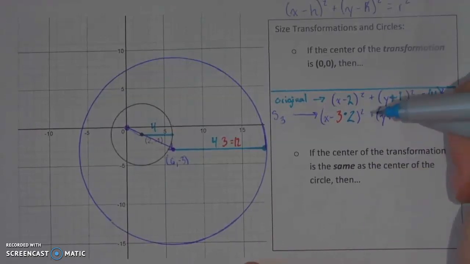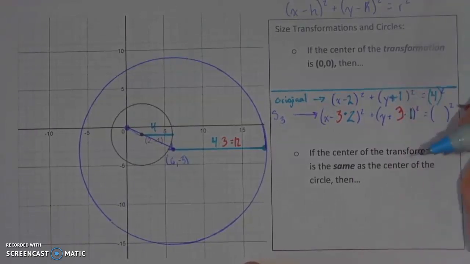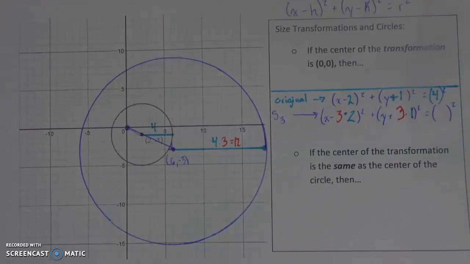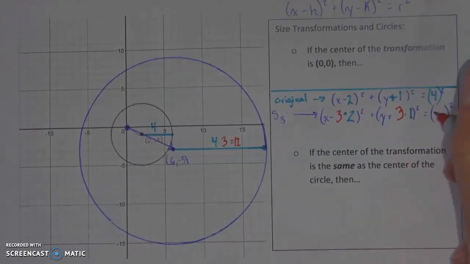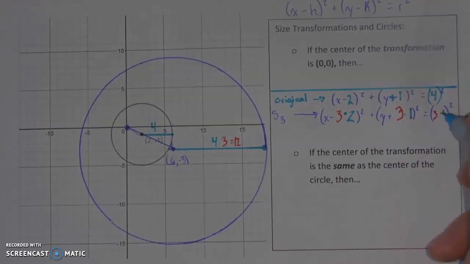And here, again, I did my size change times my original, which was -1. I just moved the negative out front. And here I had my original of 4, and I just multiplied it by my size change of 3 to get that new radius of 12, so 3 times 4. And that does give me my new equation of a circle.